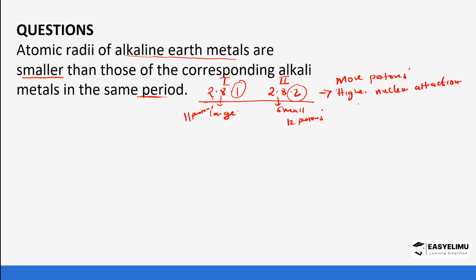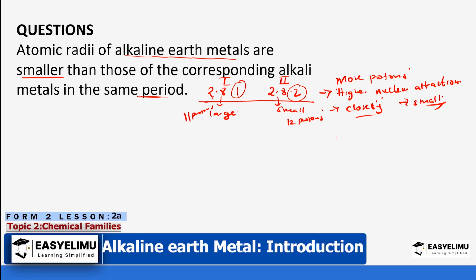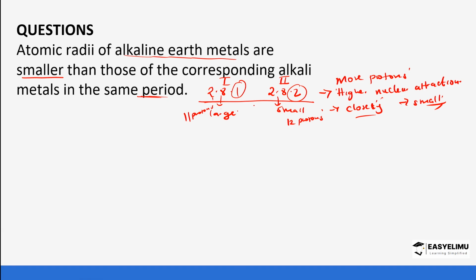So it will attract the outermost electrons closely, causing it to be very small. So we are going to discuss these details later. Just remember, it's all about the number of protons. The number of electrons, yes, is increasing, but their effect is very negligible. That is what we are going to say later on.